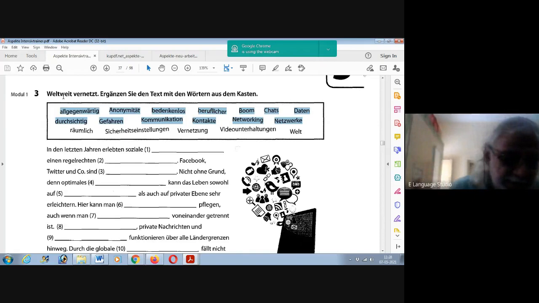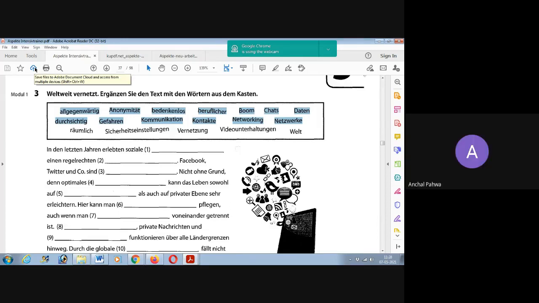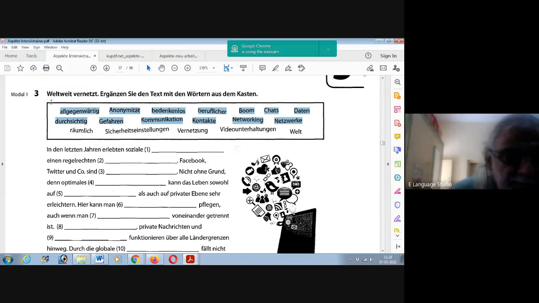So, first and foremost, verstehen wir alle Wörter. Weltweit. Allgegenwärtig, Anonymität, bedenkenlos.